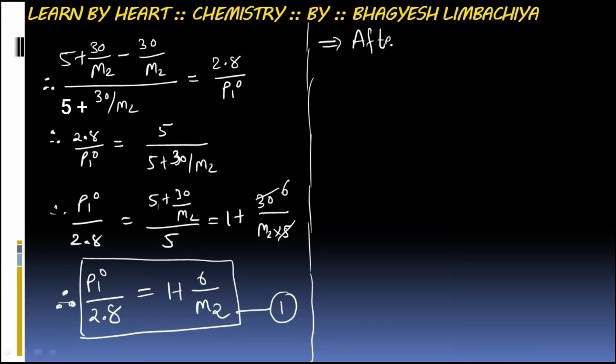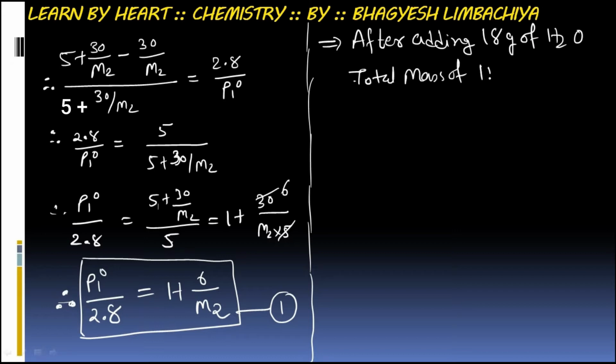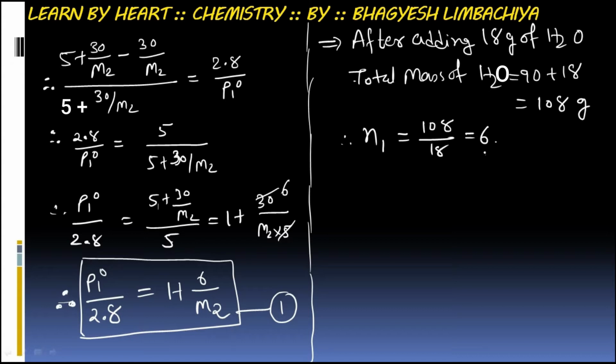Now, after the addition of 18 gram of water, the total mass of water will be 90 plus 18, so the total will be 108 gram. So the number of moles of water, that is N1, equals 108 divided by 18.